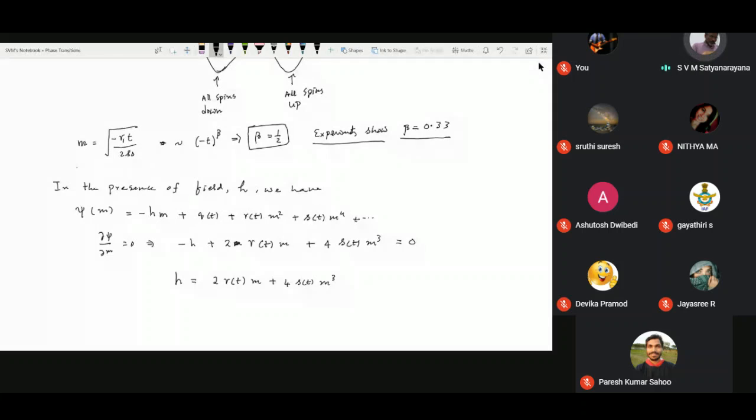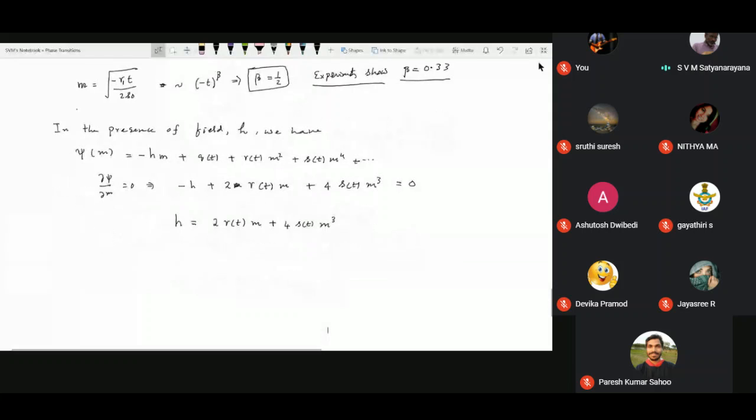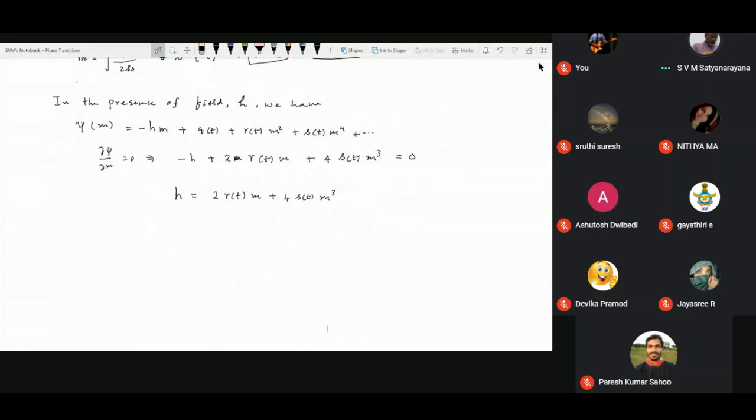Now you can first ask what is your chi. Your chi is dou m by dou h, that is the inverse of dou h by dou m. That is basically the derivative of magnetization with respect to the magnetic field, which is your chi. Since I have this expression, I can write it like this.